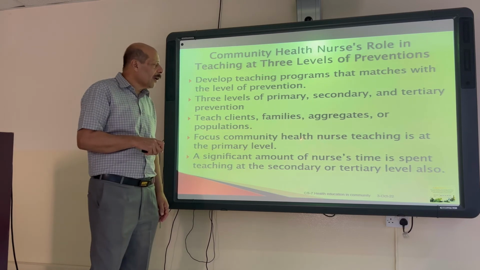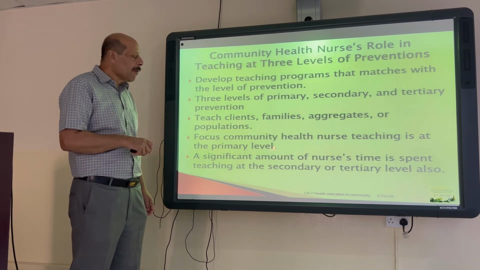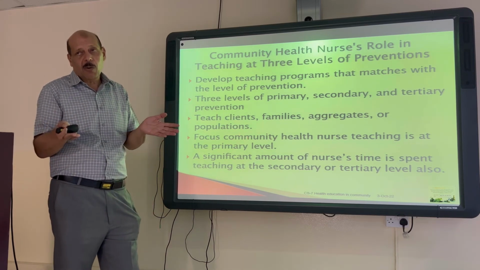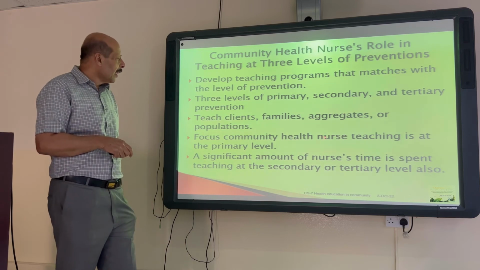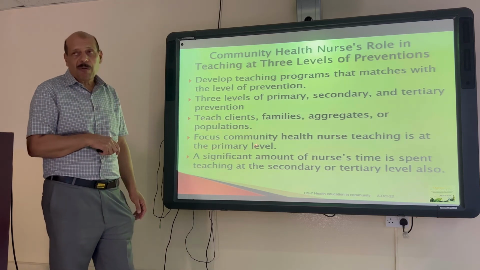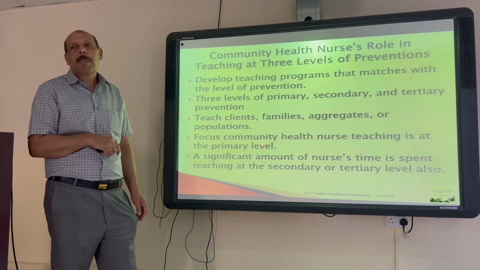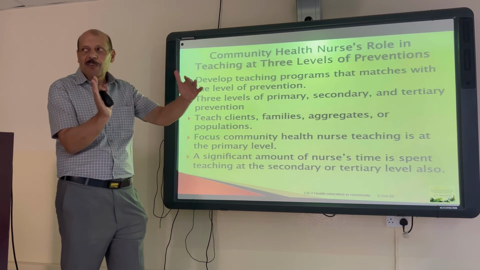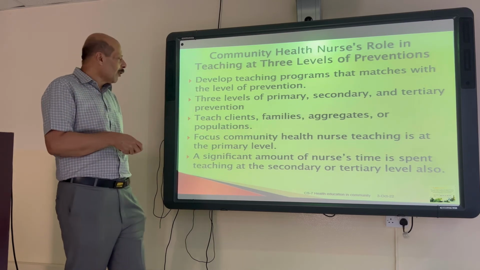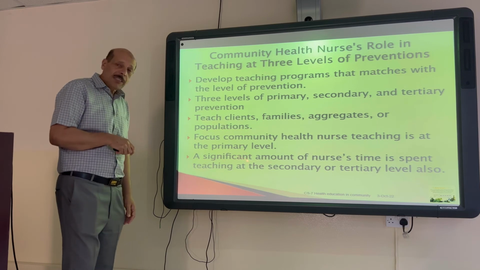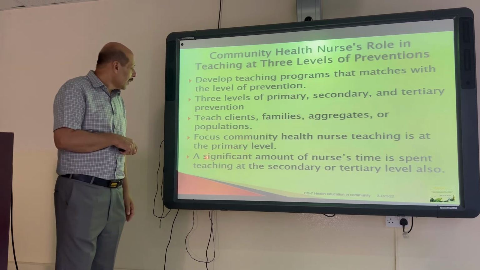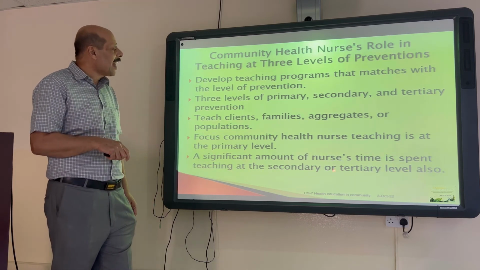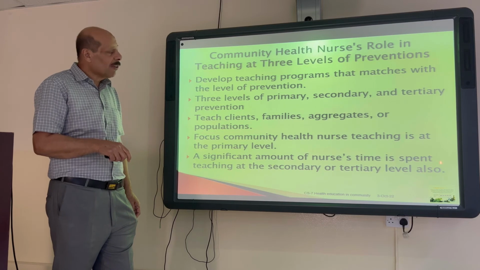Community health nurse teaching is at the primary level. So when we are dealing with the community as a whole, here mostly we are dealing with the primary level of prevention, but sometimes we are dealing with the secondary and tertiary, which is individualized or for a group of people according to their need. But sometimes it might be the need of the community. So a significant amount of nursing time is spent in teaching at the secondary and tertiary level also.